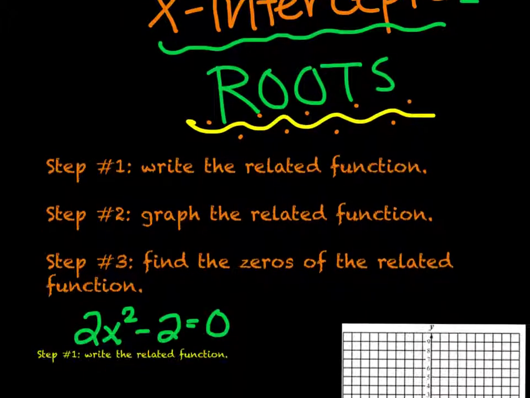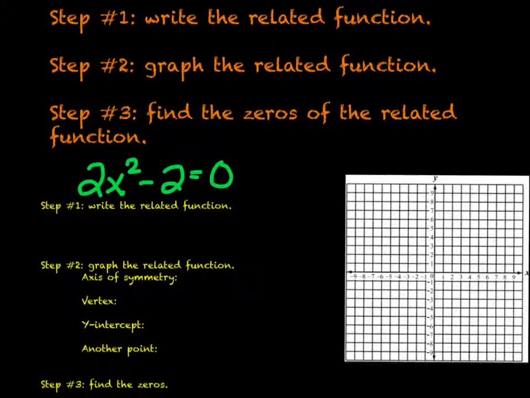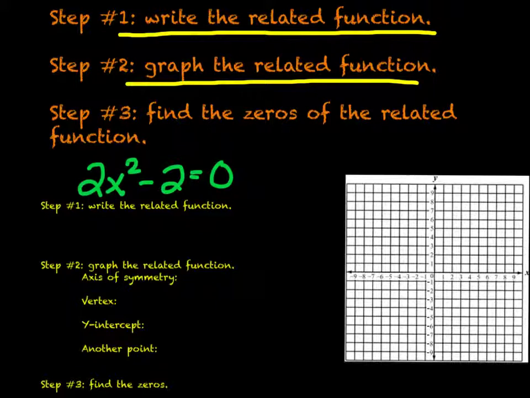So moving on from there, there's a few things that we can do when we're graphing a function to find its solution. Our first step, we need to simply write the related function. We also need to then graph said function, which we know how to do with axis of symmetry, vertex, y-intercepts, and finding other points with the table. And step 3, we then need to find those roots. We need to find the zeros of that function.